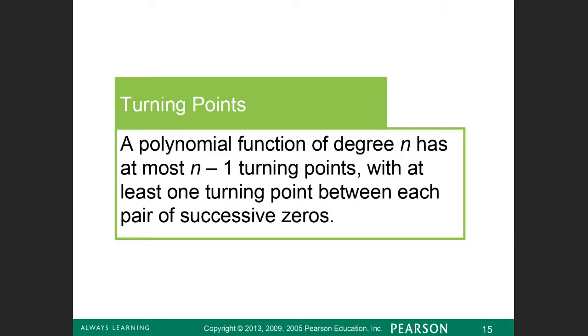A polynomial function of degree n has at most n minus 1 turning points. So this is the formula to find the turning points. When you have a parabola, n is equal to 2, and the number of turning points would be only 1 because that's n minus 1. So you will get one turning point, which is the vertex.